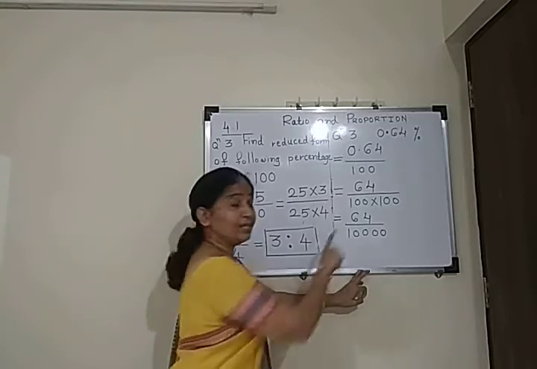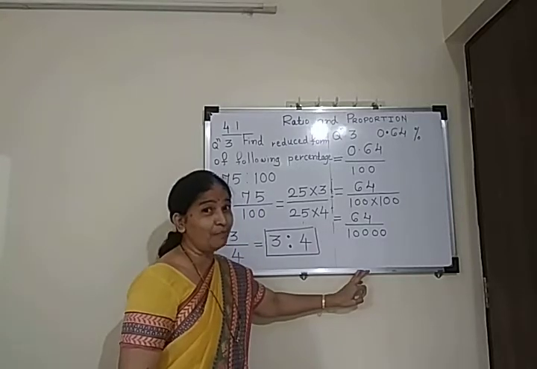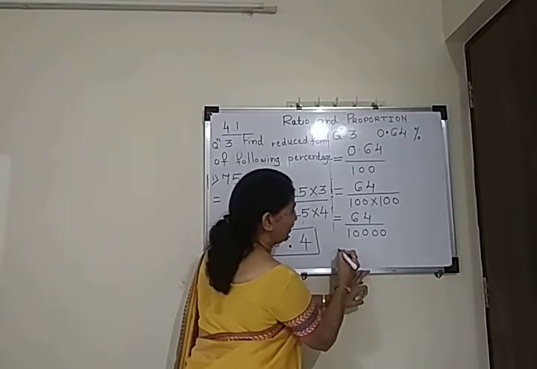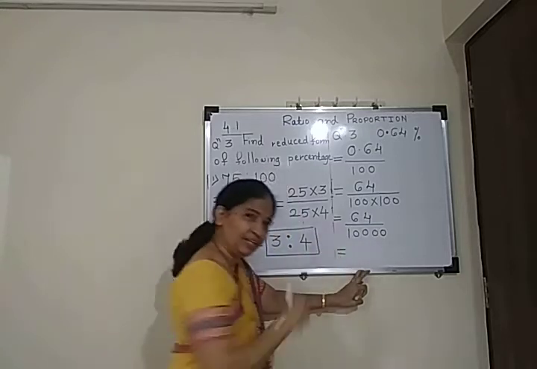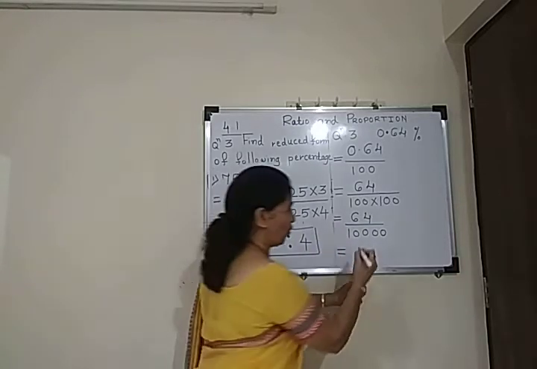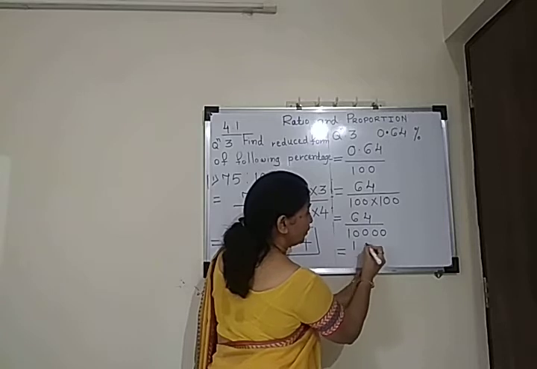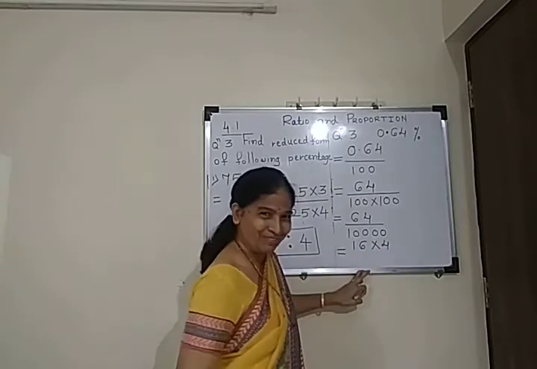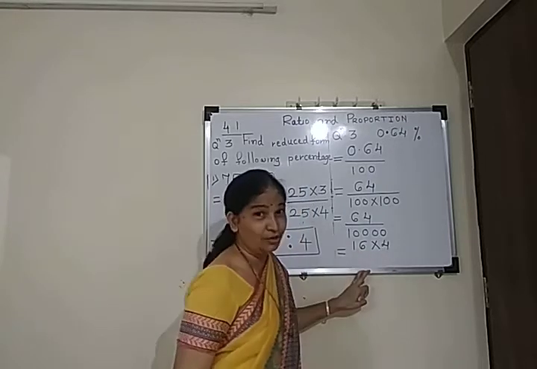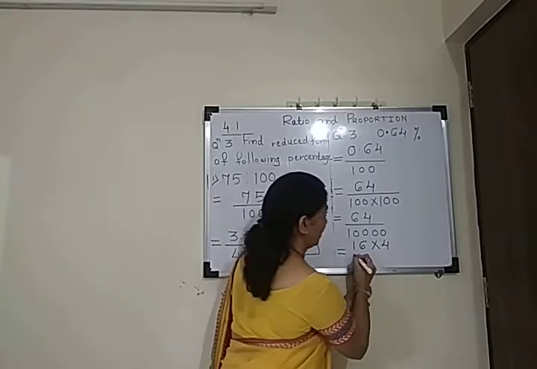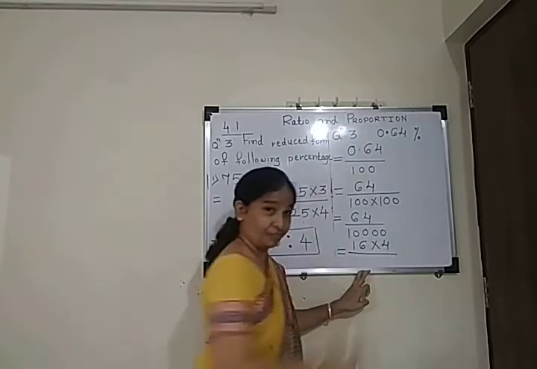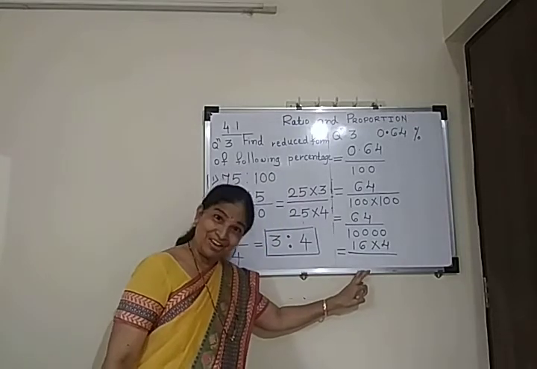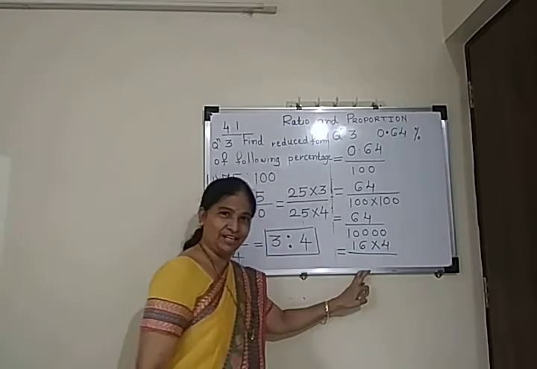So I will divide by the same number. Can I split this 64 as 16 into 4? Yes, I can split this as 16 into 4. And what about this denominator? Can I split it? Yes, I can split it.